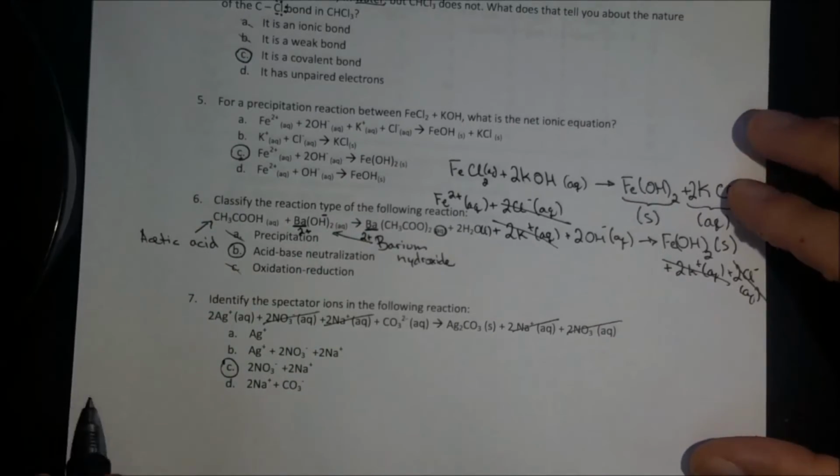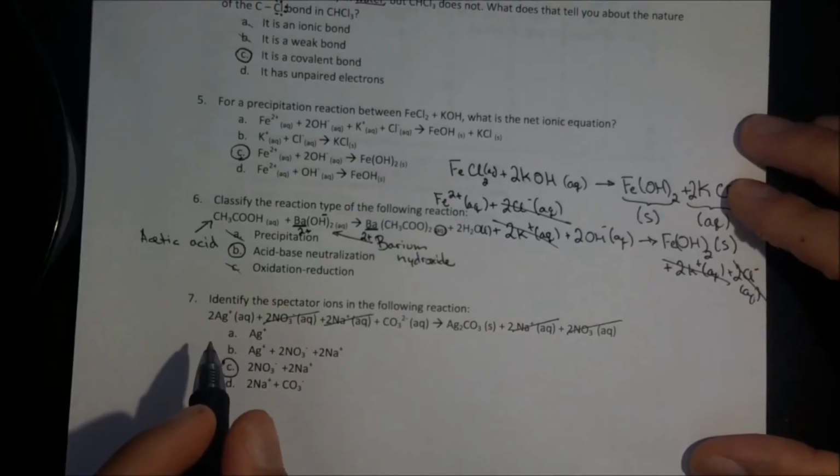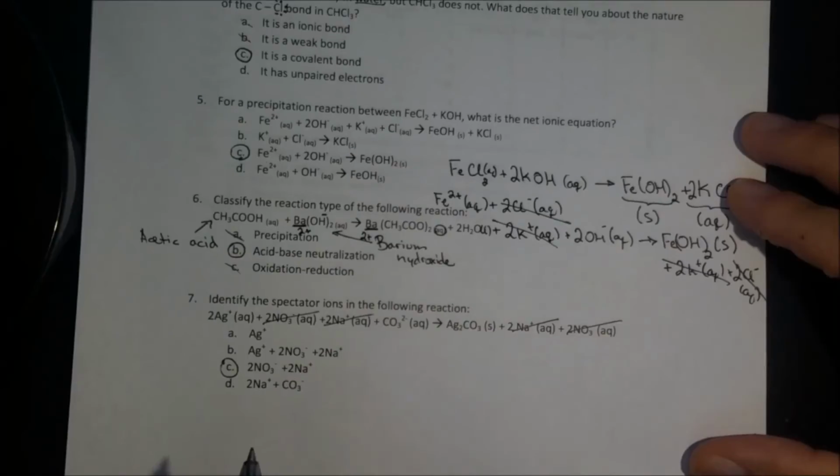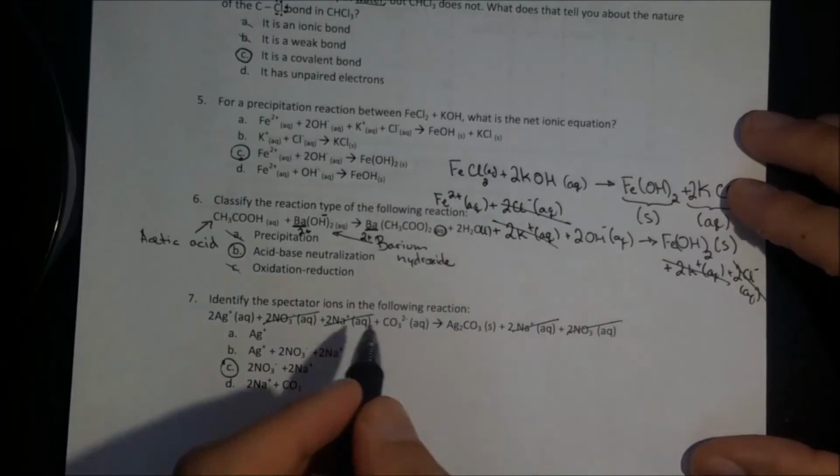Now, let's go ahead and take this opportunity to exercise this. Once we have canceled our spectator ions, we can write the net ionic equation. So this here is the complete ionic equation.